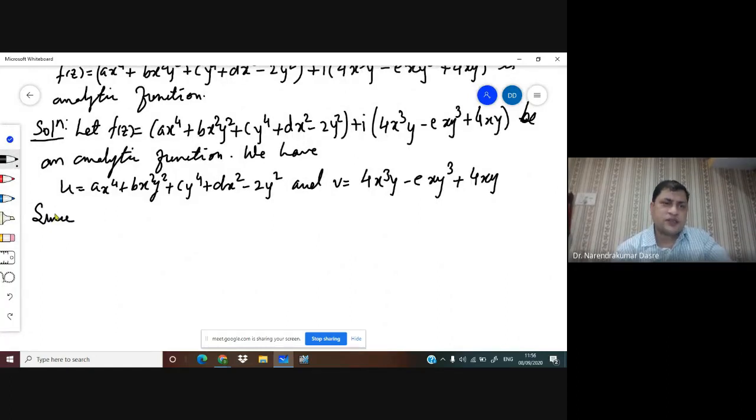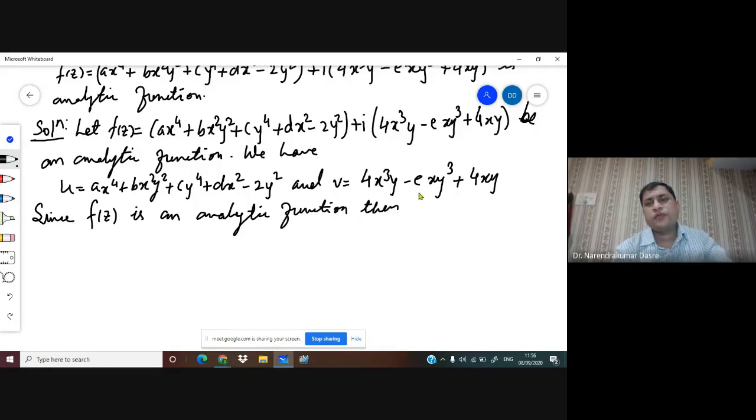Since f of z is an analytic function, u and v satisfy the CR equations.